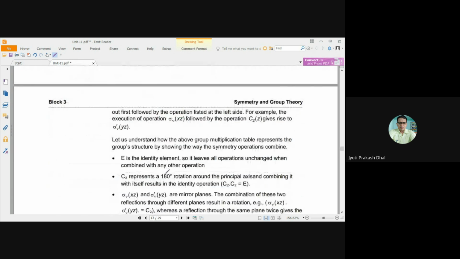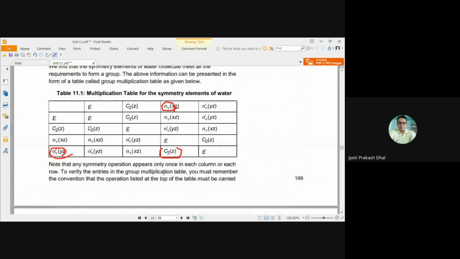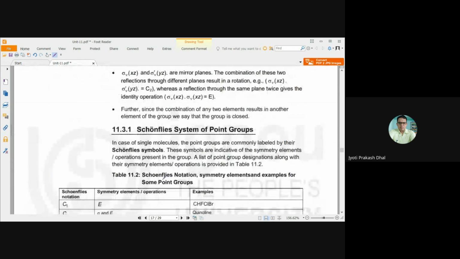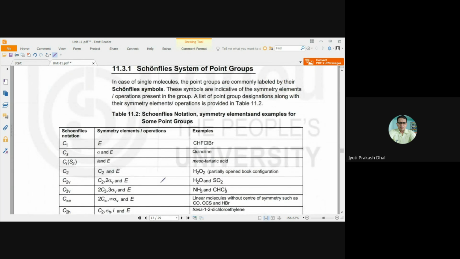In a similar manner, you have to complete the group multiplication table. So here we will stop, and after that, if possible, we will discuss the remaining parts.